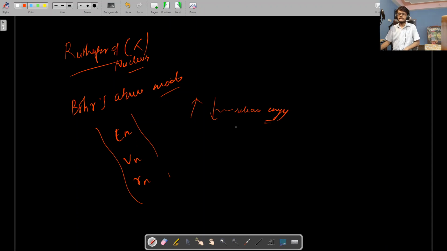So the last topic from this chapter that is left is hydrogen spectrum, which I'll not do today because this much is enough for today. I'll start hydrogen spectrum tomorrow and complete it by the day after tomorrow. So two more days to complete this chapter. After this we'll do one more chapter from this unit, called Photoelectric Effect.